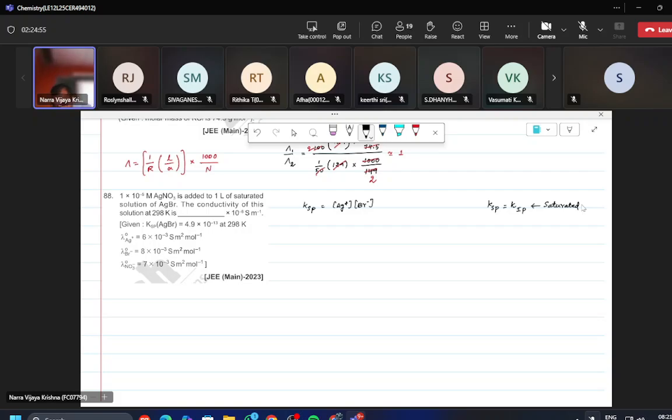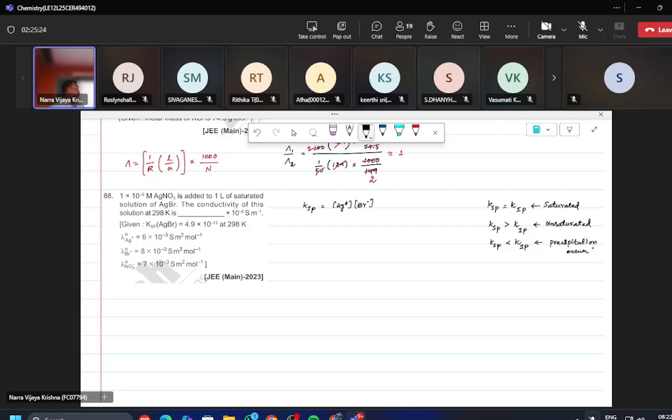Better I will write it. If KSP is greater than KIP, then unsaturated. If KSP is less than KIP, precipitation occurs. Supersaturated solution, that's why precipitation occurs.